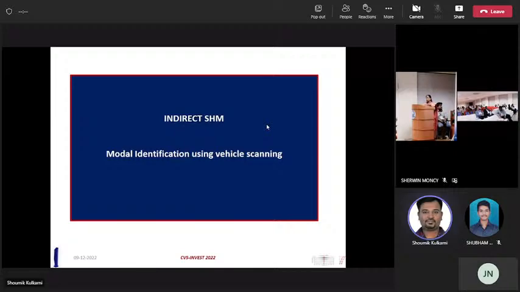Here the vehicle is being instrumented, not the structure. So identifying the model properties and also damage is very challenging in this, as we don't have direct contact with the structure. The vehicle is moving, and many factors are influencing, like the speed of the vehicle, the roughness of the road, and also the dynamic properties of the vehicle itself.